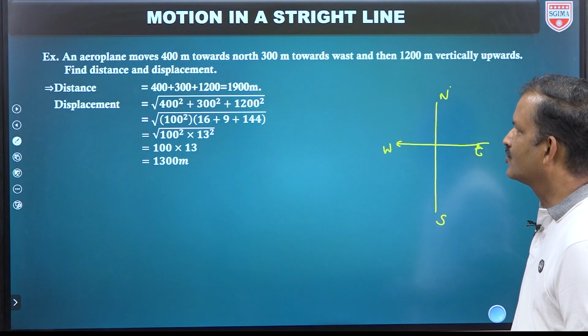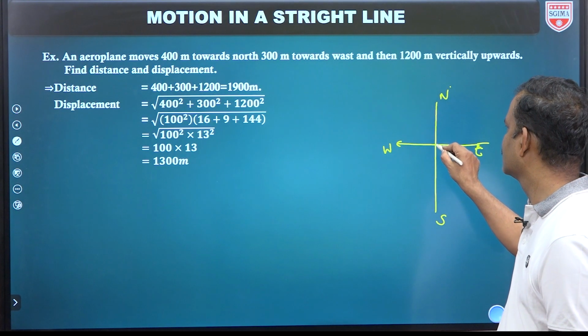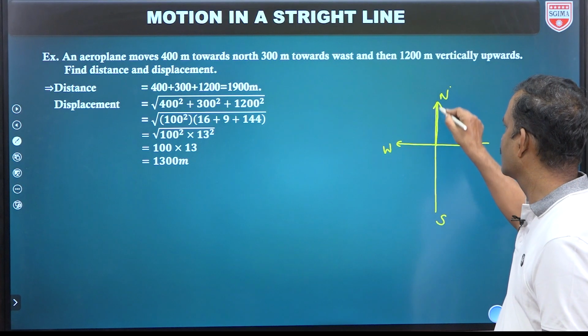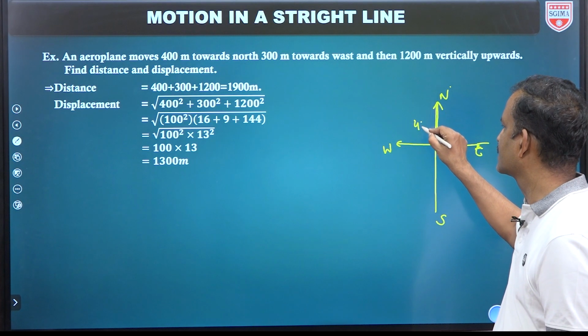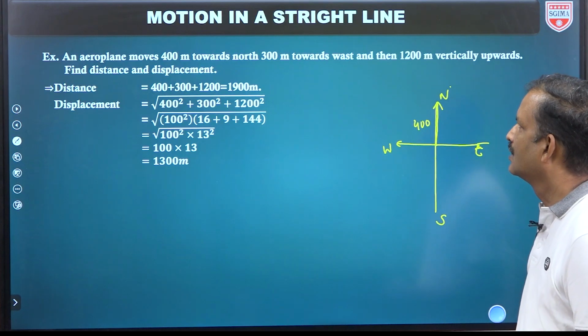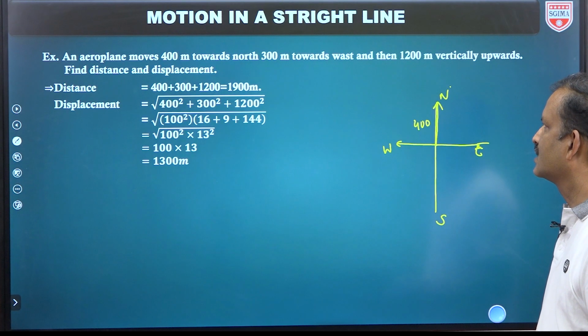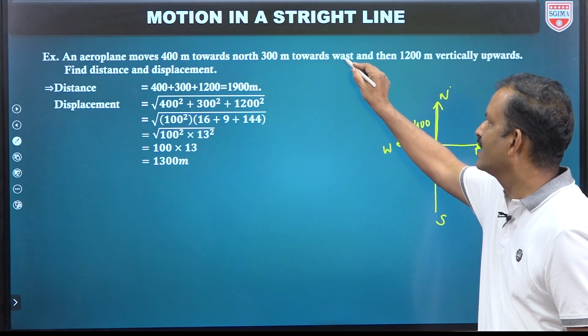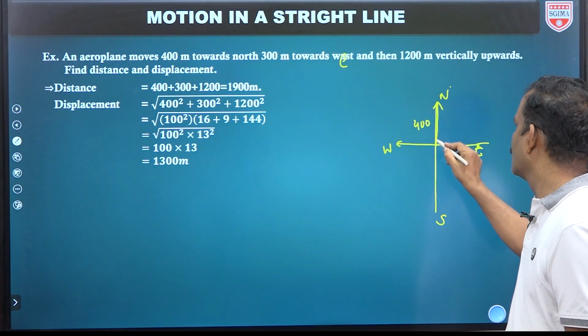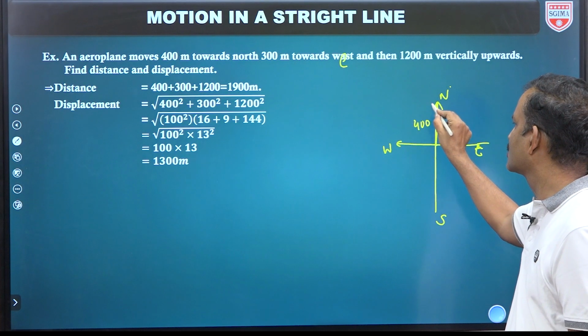Now, an aeroplane moves 400 meters north. First it is going towards north 400 meters. Towards north, then 300 meters towards west.